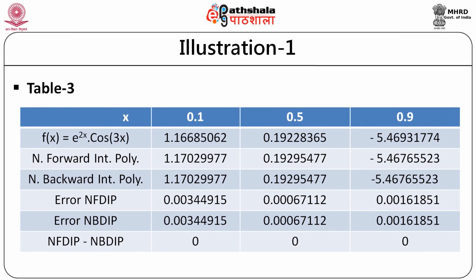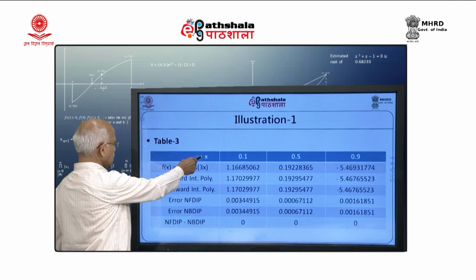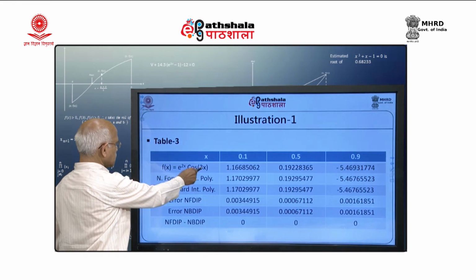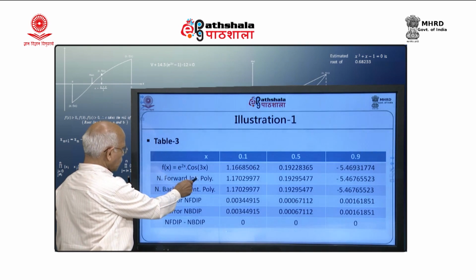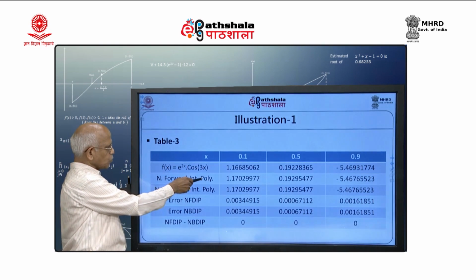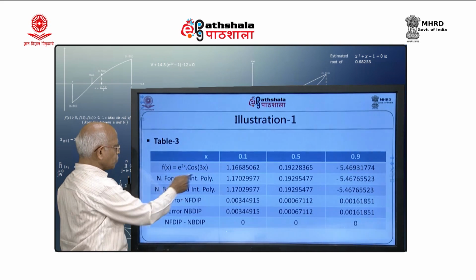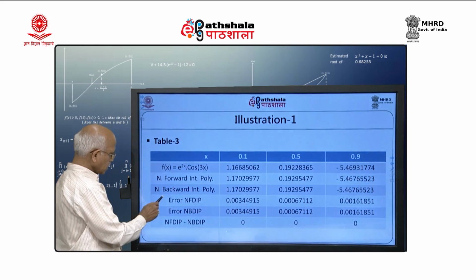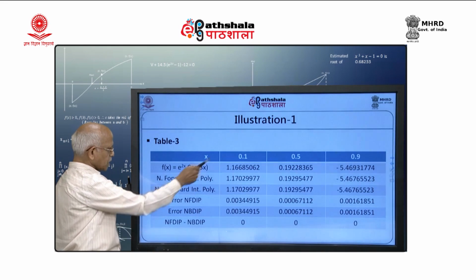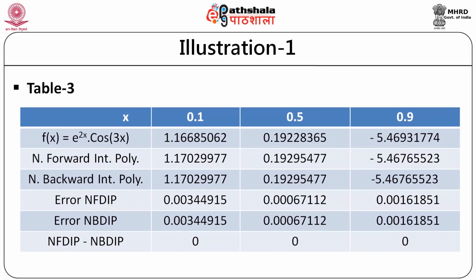So, table 3 gives me the comparison. You can see here x is given here, f(x) is given here, the values computed by Newton's forward difference interpolating polynomial are given here, the values computed by backward difference are given there, then the error.